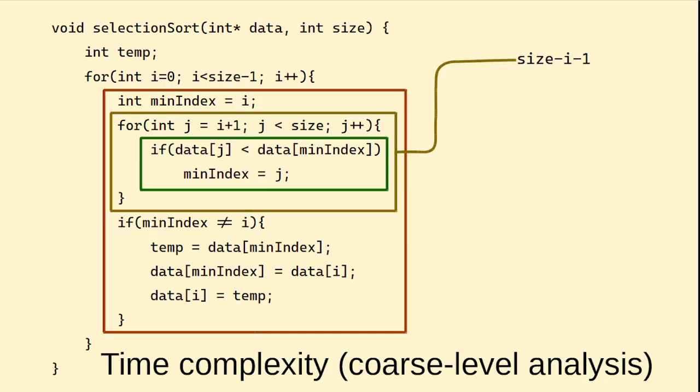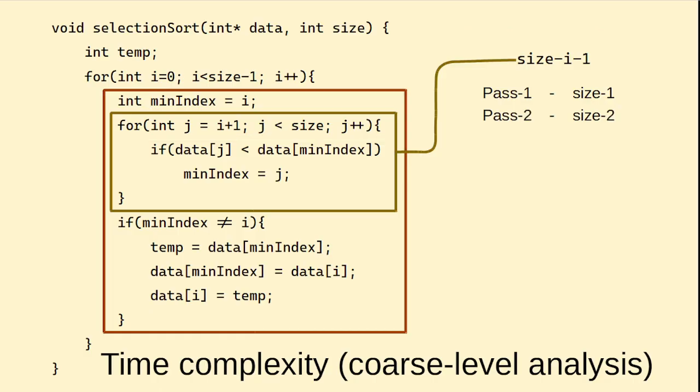The if statement inside this for loop is executed size minus 1 times in the first pass, because i equals 0. In the second pass, with i equals 1, it is executed size minus 2 times. In the third pass it is executed size minus 3 times, and it continues that way. In the last pass it will be executed only 1 time.